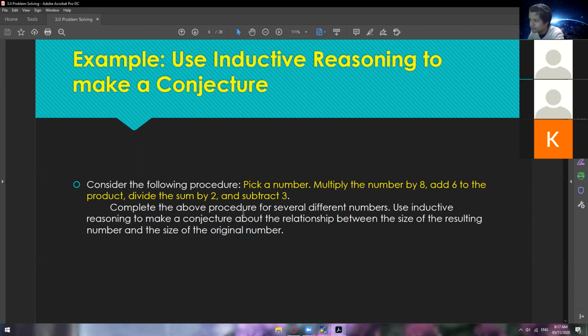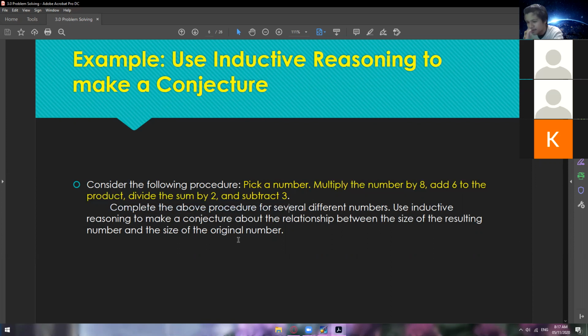So complete the above procedure for several different numbers. Use inductive reasoning to make a conjecture about the relationship between the size of the resulting number and the size of the original number. So it is asking you to make a conjecture about the relationship between the original number and the resulting number after doing those procedures.